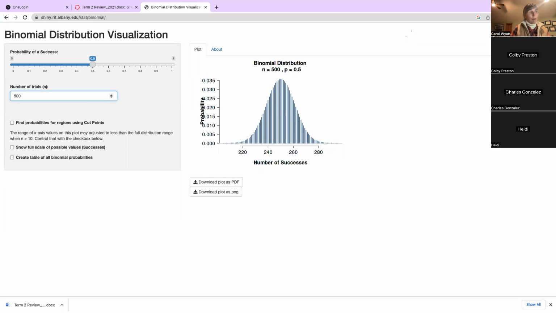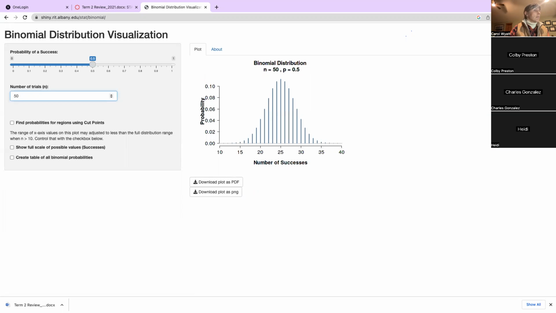You get more rounded. When the sample size is smaller, you're going to have a better chance of getting some of these extreme values. The one where you're looking for 75% or more is better on this graph than it is on this graph.